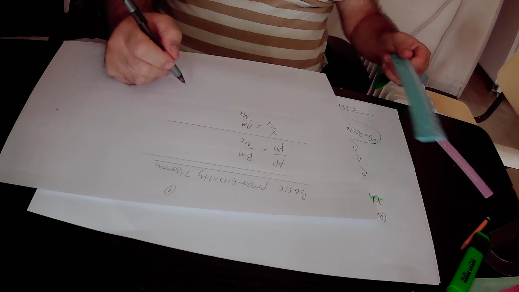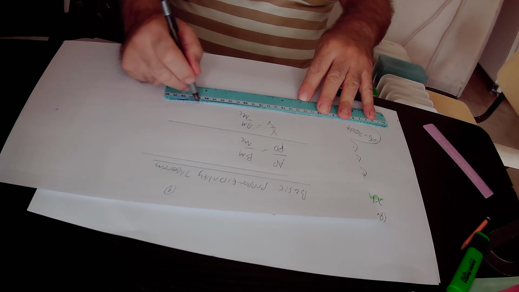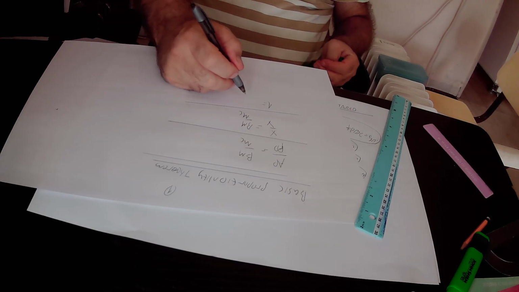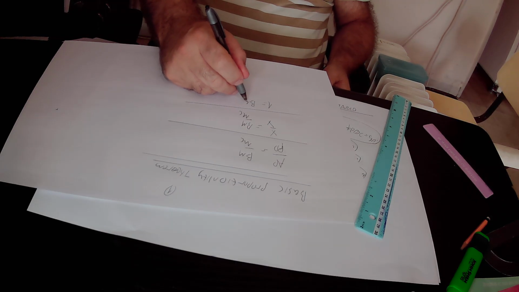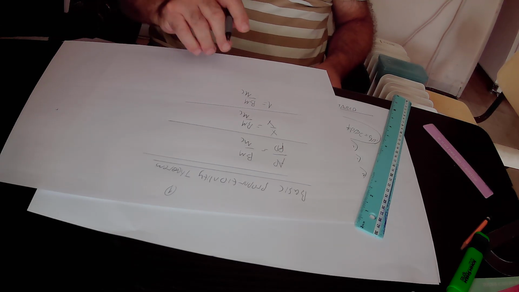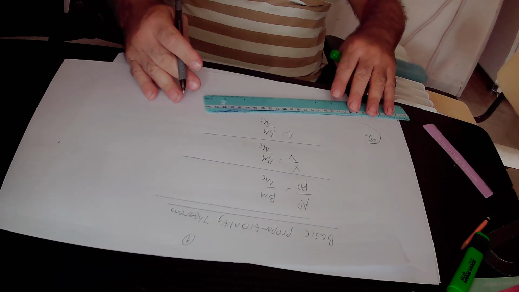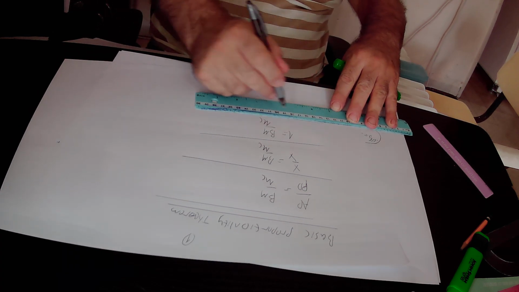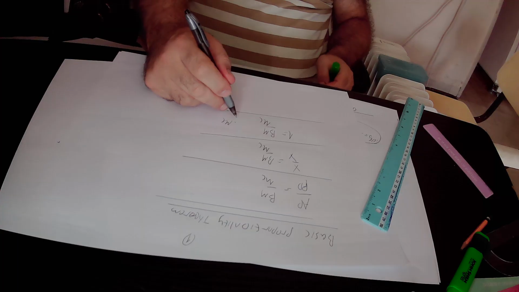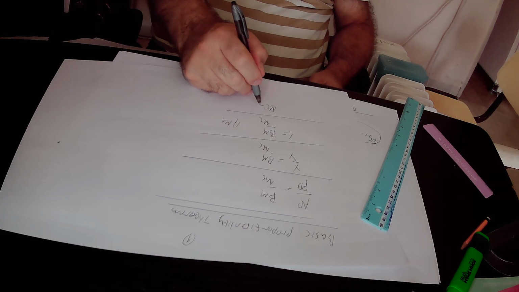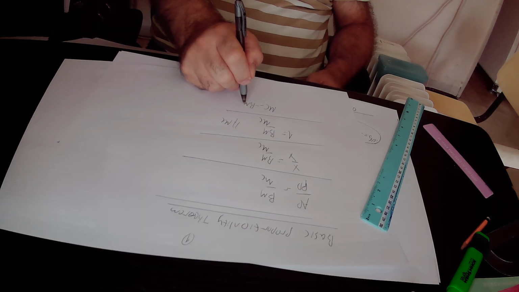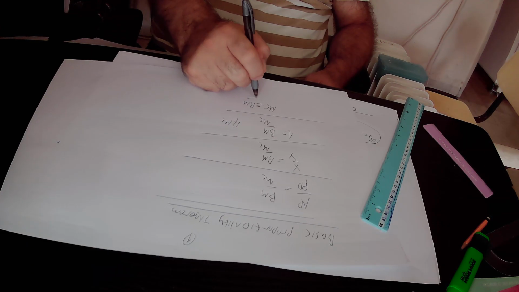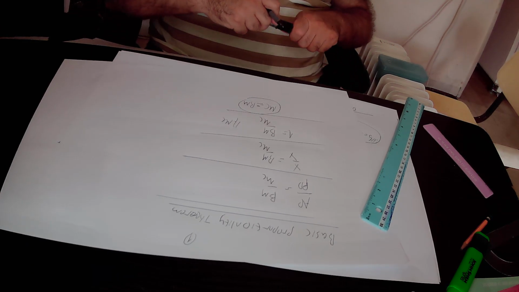X over X is of course 1. So 1 equals BM over MC. Here we multiply the equation by MC and get that MC equals BM.